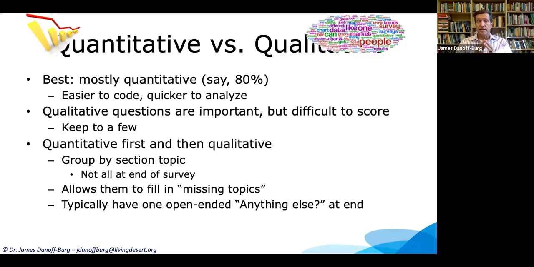And very often at the end of a survey, I will include one of these super broad, open-ended questions like, is there anything else that you would like to add about this topic? Just to see what people say. Often I won't use the responses from that more than just as illustrative quotes that help to illustrate the major themes, but it's a useful approach, this open-ended anything else at the end of the survey.